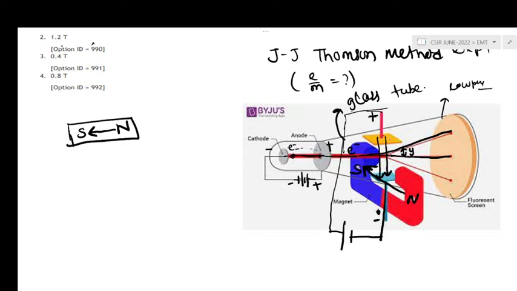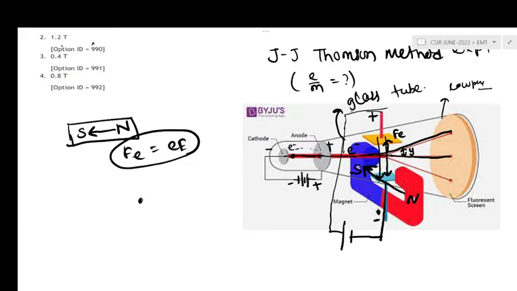Let me first tell you the electric force. When the electron deflects like this, the electric force will act in the upward direction, that is Fe is equal to QE, you know. And the magnetic force will be in which direction?